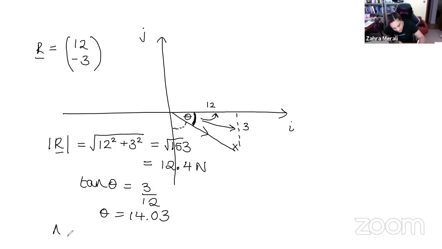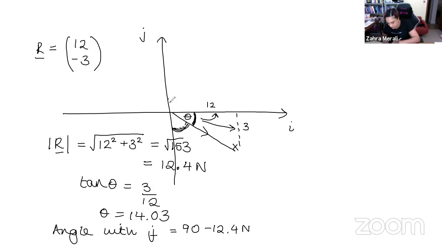So the angle it makes with j must be 90 minus that. Now, if it said the positive j, you would want 180 minus that.